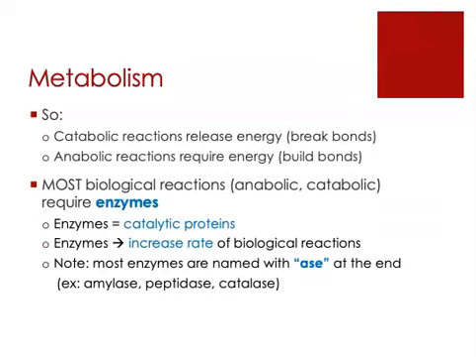It's going to increase the rate of product formation in a chemical reaction. All enzymes are proteins. It's just that they have this special ability of catalysis. Enzymes are going to increase the rate of these critical biological reactions that compose metabolism in living cells.